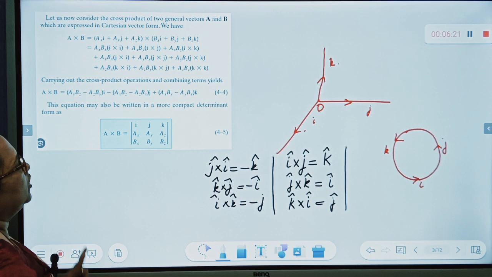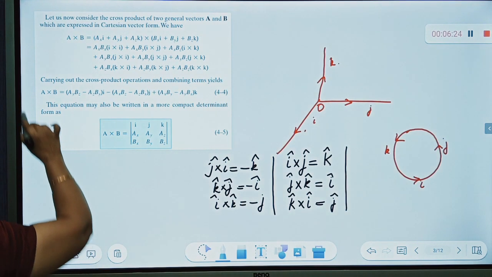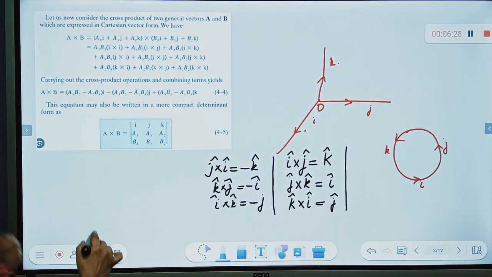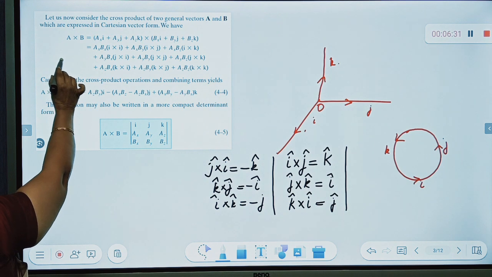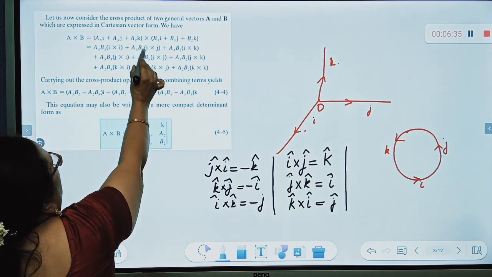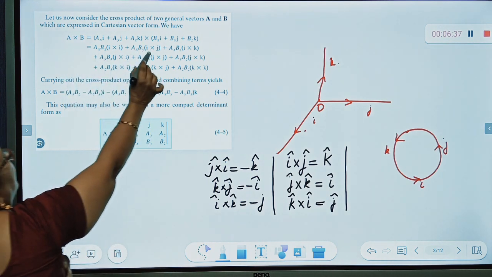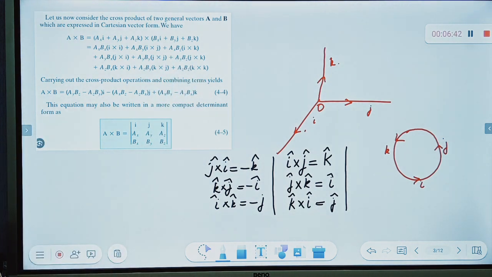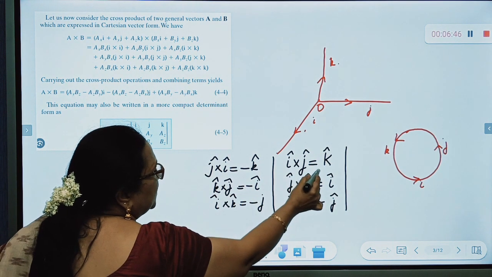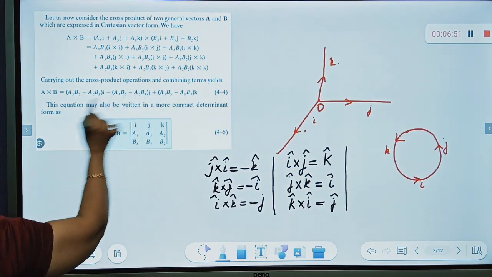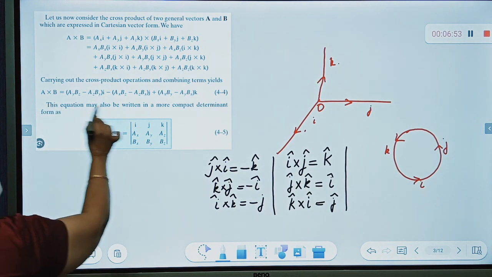Now let us consider two vectors A and B. Since it was a long calculation, I already have it in front of you. So let A vector be AX i plus AY j plus AZ k, and B vector be BX i plus BY j plus BZ k. When I take the cross product and use the fact that i cross j is k, j cross k is i, k cross j is minus i, etc., I get A cross B as this.